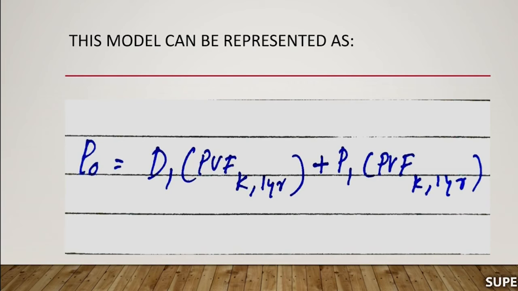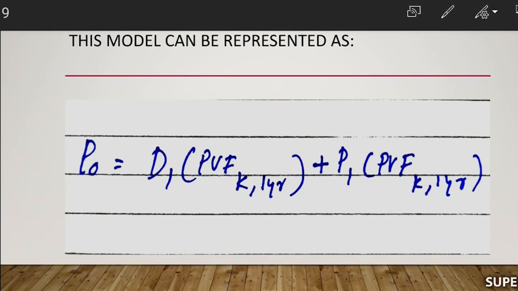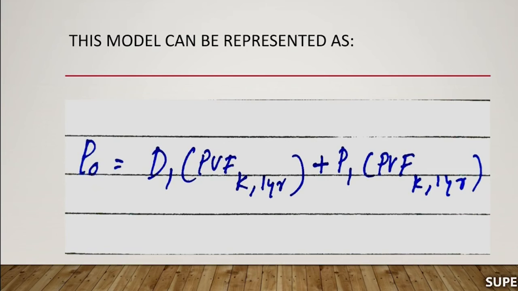Here we calculate the present value of the dividend and add it to the present value of the selling price. Then we get the total present value of all cash inflows, which will be the intrinsic value of the share. So let's go through an example.